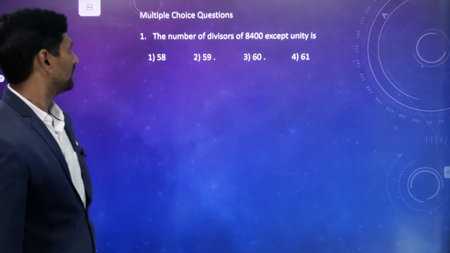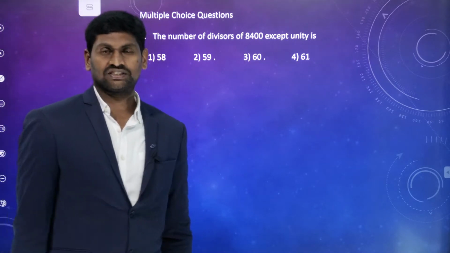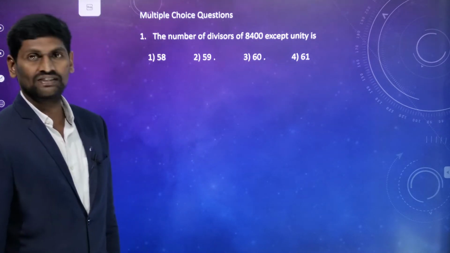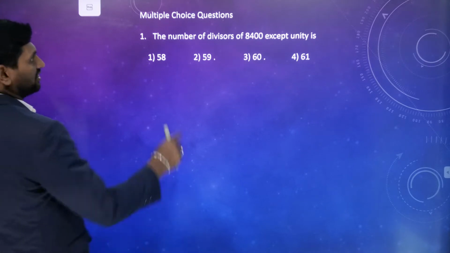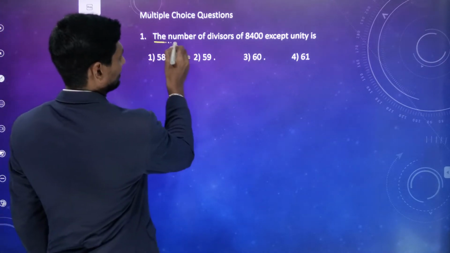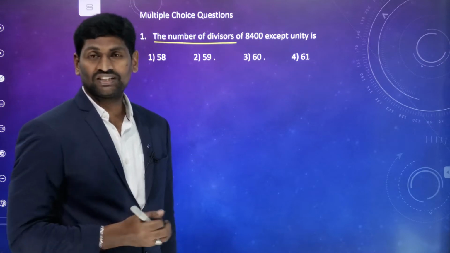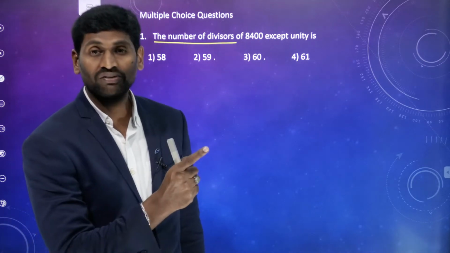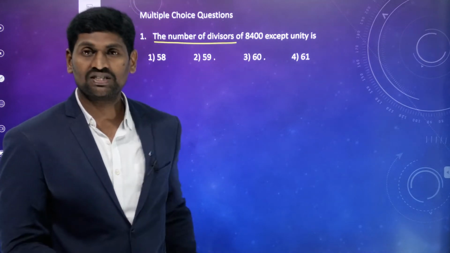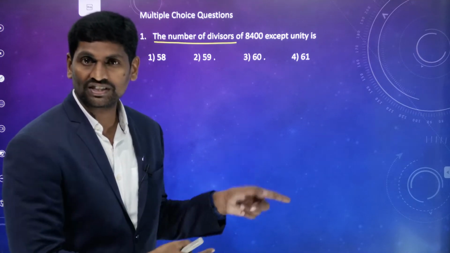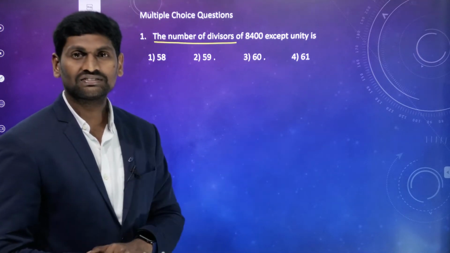Now, multiple choice questions, that is the first exercise. The number of divisors. Just now we found the product of divisors, and for that we used to find the number of divisors. Same like that.